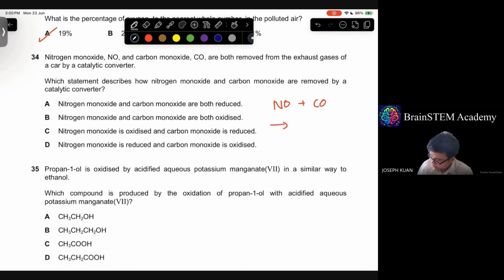For example, these two gases react together to form nitrogen gas and carbon dioxide gas. We can see from here that carbon monoxide is acting as a reducing agent. It's capable of reducing nitrogen monoxide to form nitrogen gas. So this nitrogen monoxide is getting reduced, and our carbon monoxide is getting oxidized here. So D for donkey.